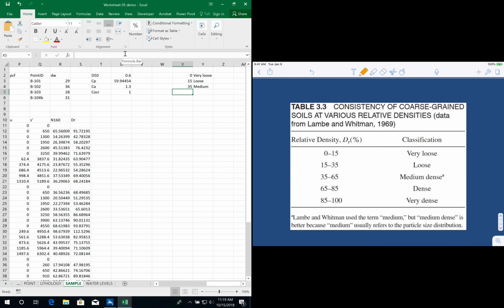And then 65 to 85, it's dense. And then greater than that will be very dense.